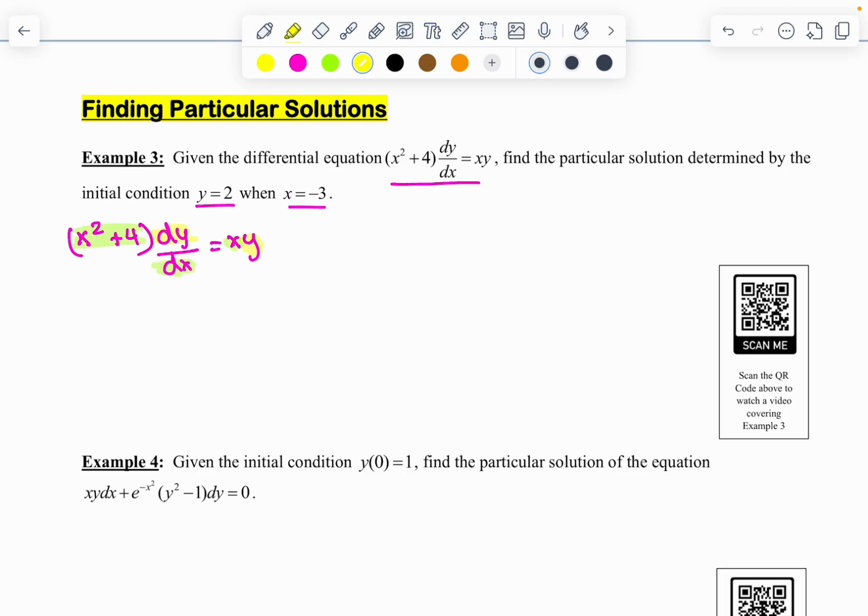And remember, you cannot put dy in the denominator, so you're not going to be able to divide by dy. The dy and the dx have to stay as numerators so that you can actually integrate it.